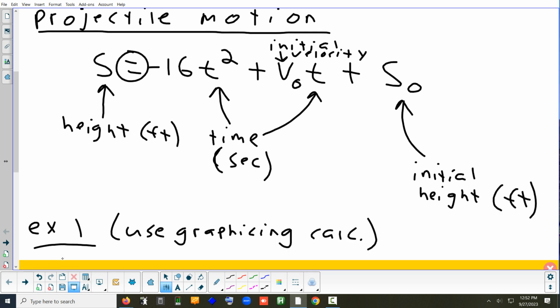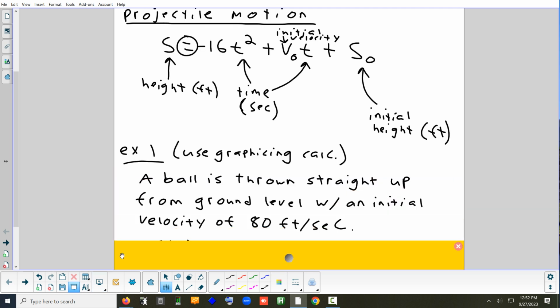Okay, and in our problem, we're throwing an object from ground level with an initial speed of 80 feet per second. So first thing we have to do before we can even use the calculator is we need to come up with something to plug in.